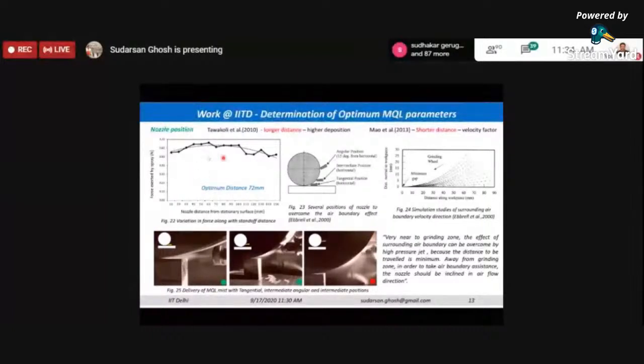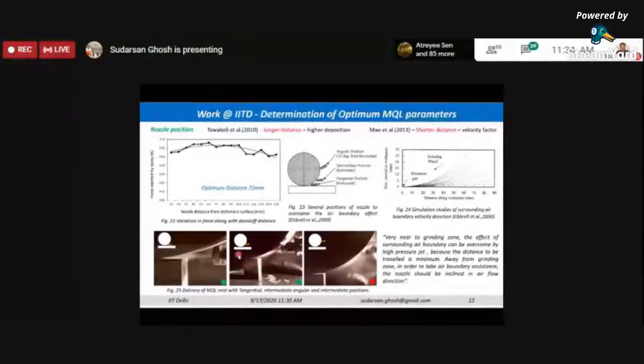Also, you see, the standoff distance between the grinding wheel and the nozzle has been varied too. As I was telling you, we tried up to a distance of around 150 millimeter. Within this 150 millimeter, the location where we obtained the lowest forces is the one we have tried to keep, somewhere around 72 millimeter. If the distance is very large, there is a problem; if it is very small, there is also a problem.